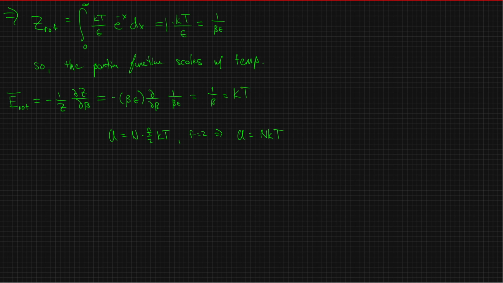And this is just the average energy for a single particle. So if you have n of them, you just throw an n on here, and you would also get this result. Cool. So we can use all the machinery of partition functions and Boltzmann factors in order to get the exact same thing that we had before for the equipartition theorem.